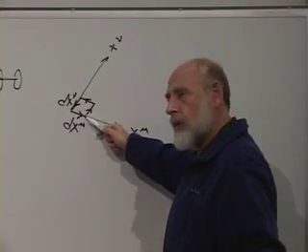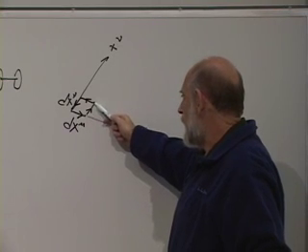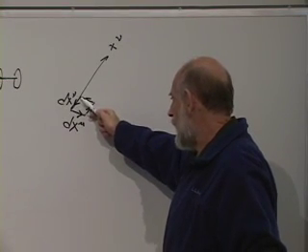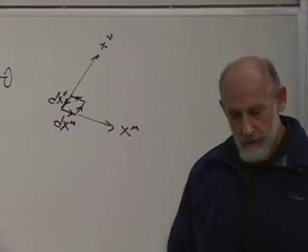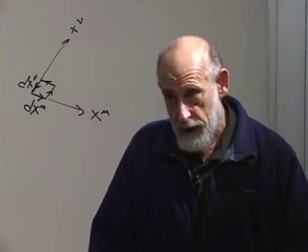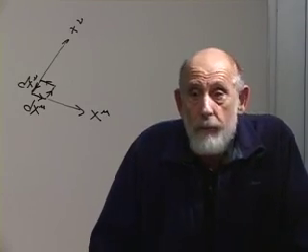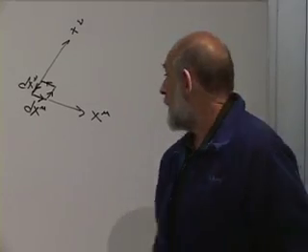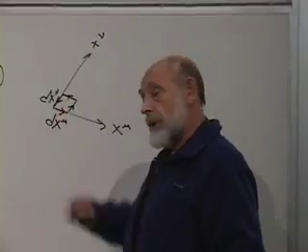We go a little bit along x mu, then we go a little bit along x nu, then we come back along x mu, and then we come back by the same amount along x nu. That creates a little bit of area, and that area will be proportional to the product of dx mu times dx nu.